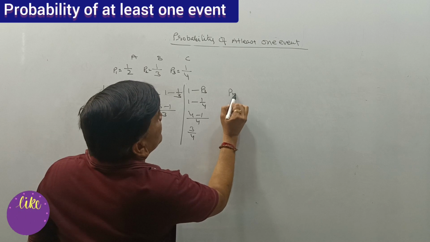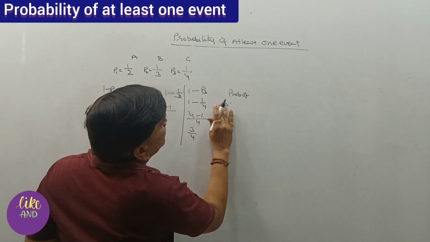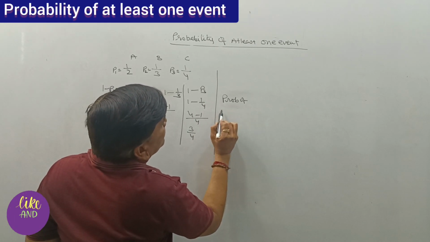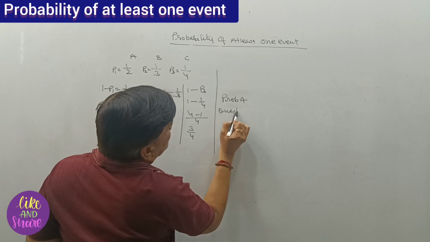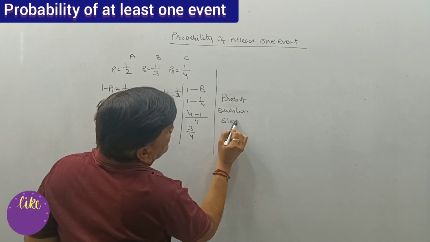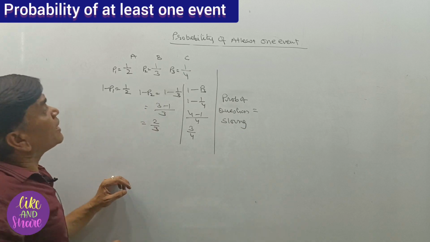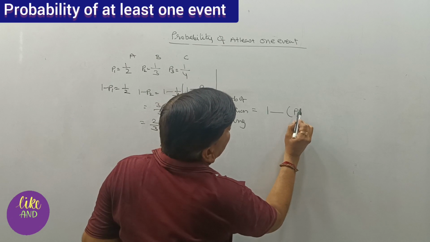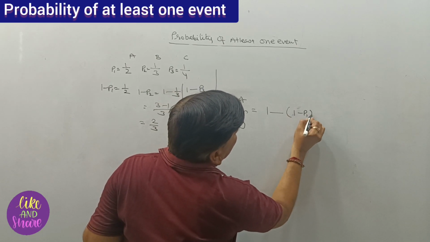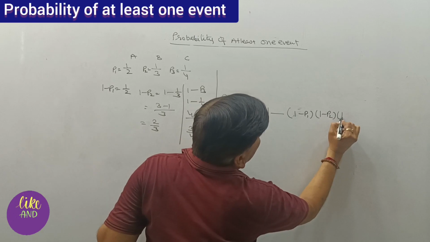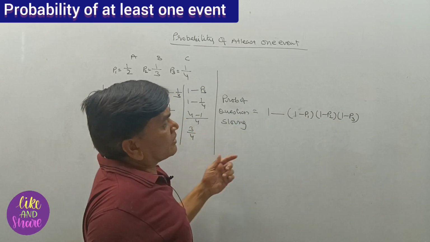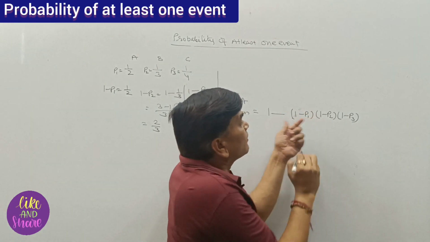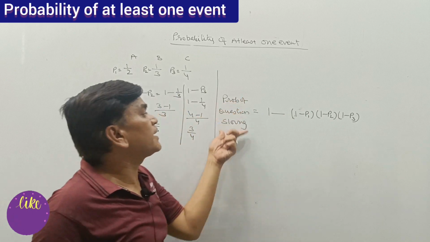So the probability of the question being solved: the question will be solved if at least one of them solves it. So that will be 1 minus the probability that A cannot solve, B cannot solve and C cannot solve, that is, all 3 cannot solve. 1 minus the not-solving probability gives the at-least-one event.